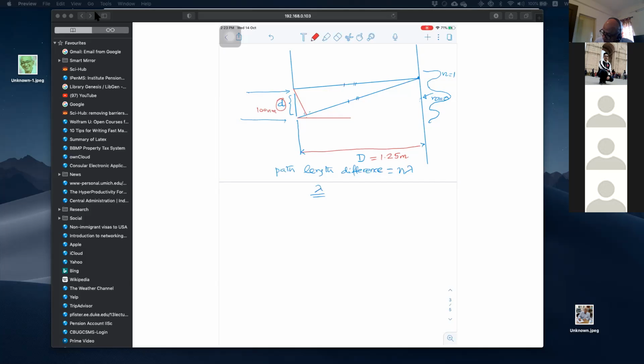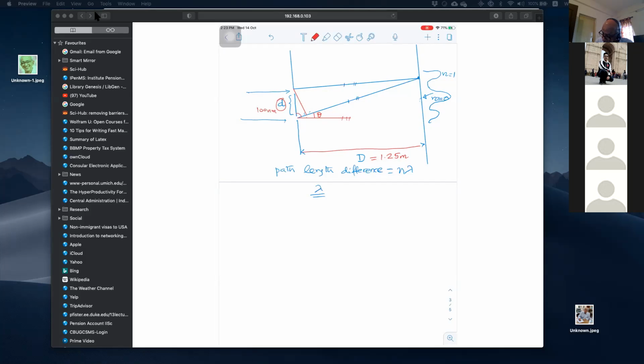As a result, that angle, which we will call theta, will be very small. And if that angle is theta, then what about this angle? Remember, this line is perpendicular to the two slits, and therefore this angle is 90 degrees.